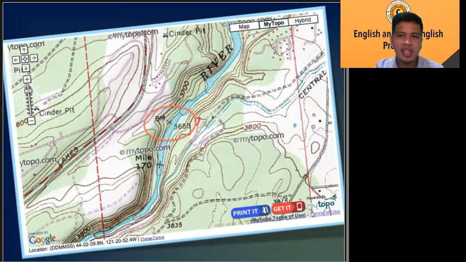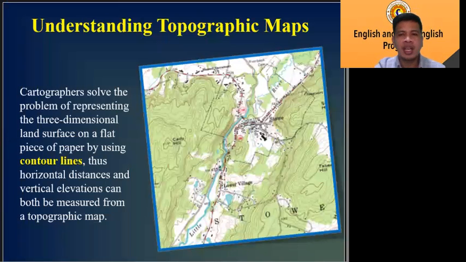Next one: how do we understand or read a topographic map like this one? If you see this for the first time, it would be confusing. What is that picture? Cartographers solved the problem of representing the three-dimensional land surface on a flat piece of paper by using contour lines.